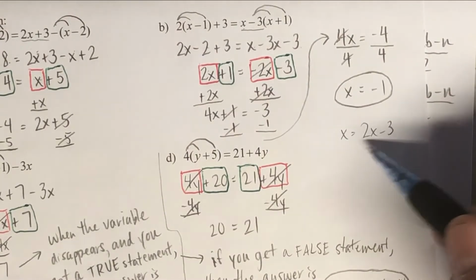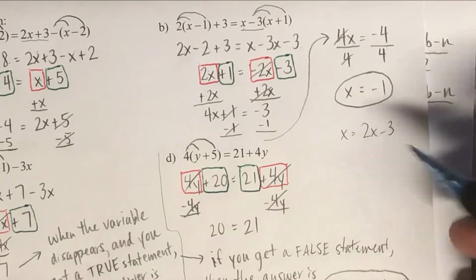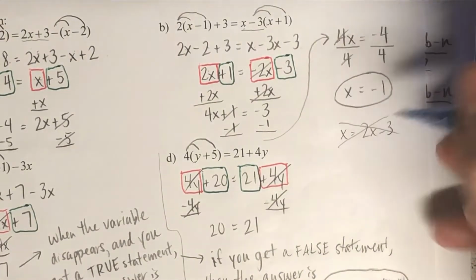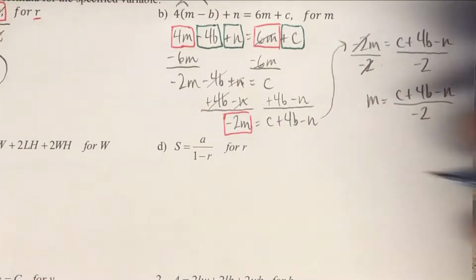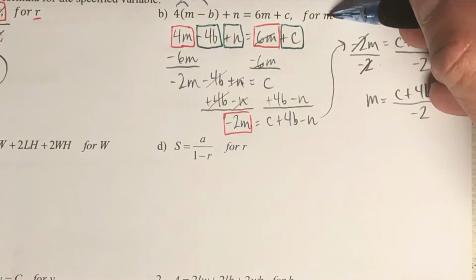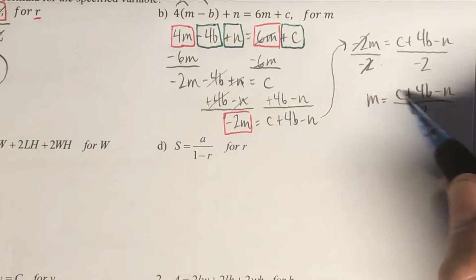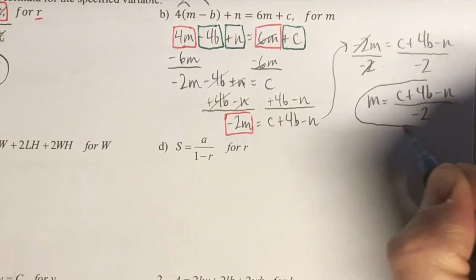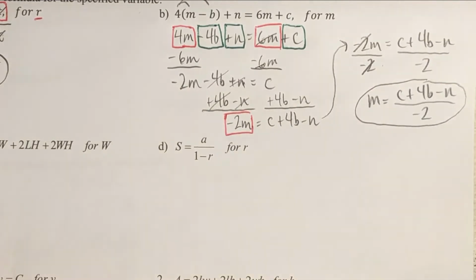Yes, you got x by itself, but you can't have the variable on the other side, otherwise the variable is not really solved for. So my point here is this, if you get the variable that's designated by itself, and it's not on the other side, see how there's no m over here? You have truly solved for that variable, and you are done.